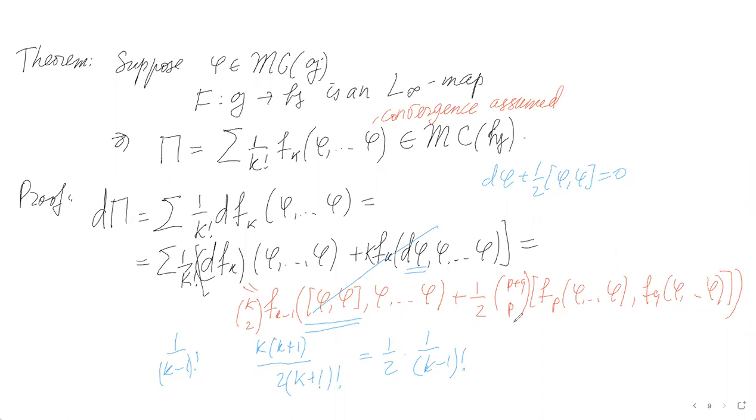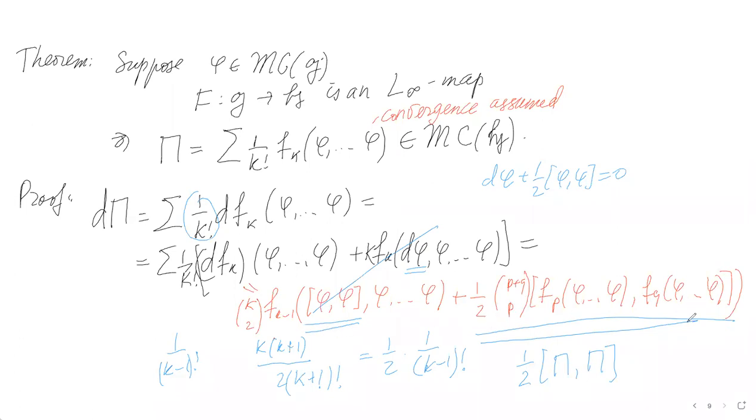And the remaining part is equal precisely to 1/2 of [pi, pi], because the coefficients 1/k factorial will couple to give us binomial coefficients here, precisely what we need.